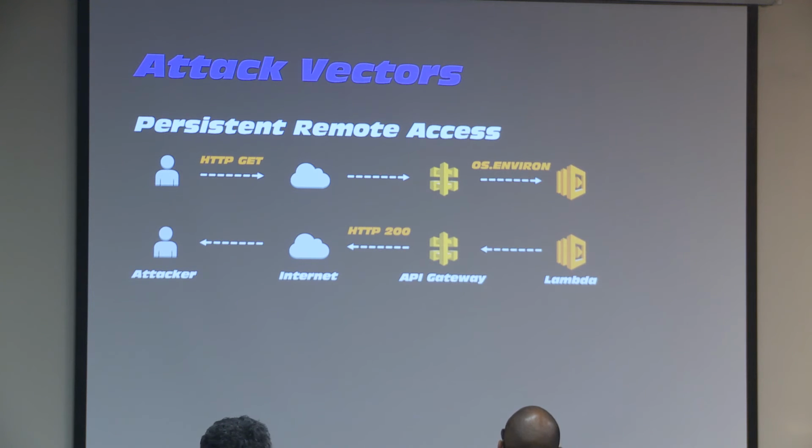This is hypothetical, but assuming that the Lambda function has the IAM permissions to perform these actions, we could use an HTTP GET to an API Gateway and have it invoke the Lambda and execute whatever commands we want. So this is just a real simple scenario.